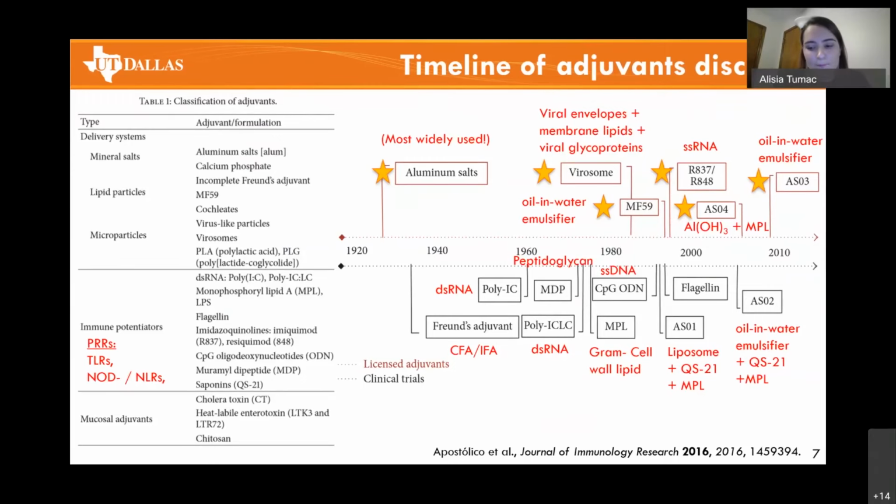So remind me, CpG is type 1, right? Or is it type 2? Type 1, intracellular. Yes. So that would be pretty good at these cancer vaccines, I guess, then, right?